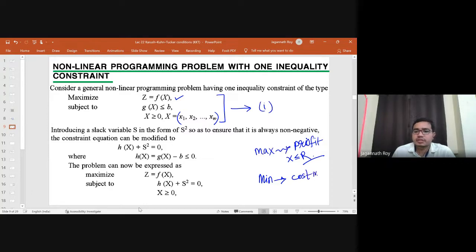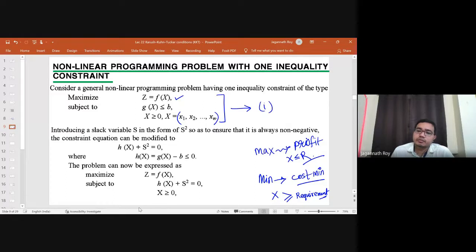Cost minimization is related to the fact that you have to satisfy some minimal requirement, and then find the vector x.